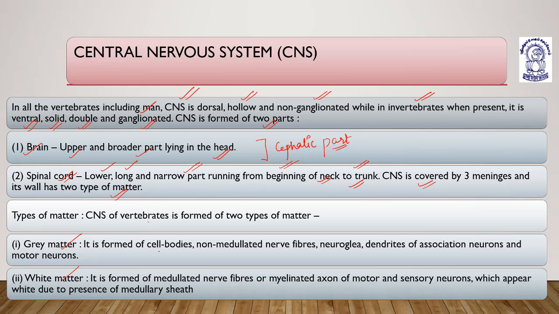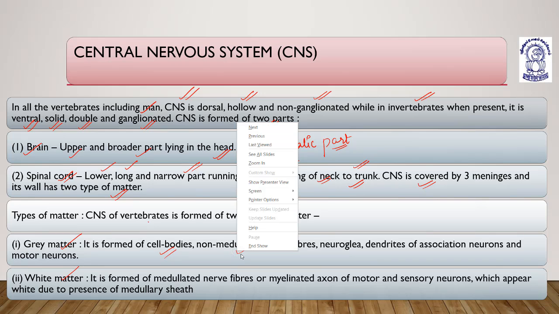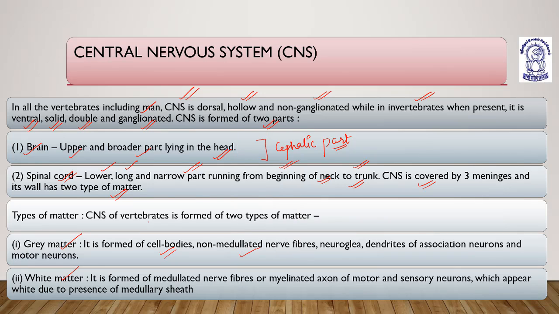Gray matter is formed of cell bodies, that is soma or cyton. The cell body is also known as perikaryon. It consists of non-medulated nerve fibers, without myelin sheath. It consists of neuroglial cells.